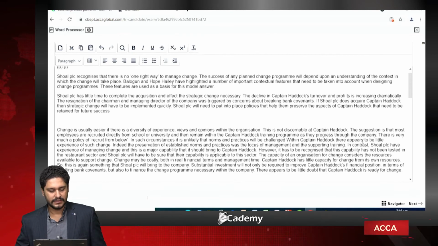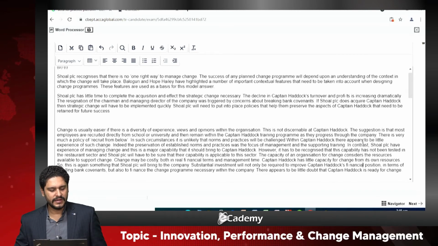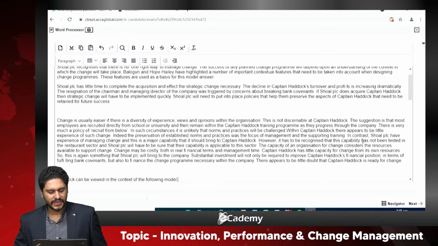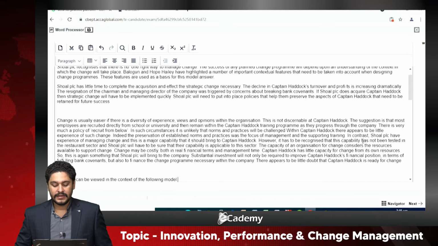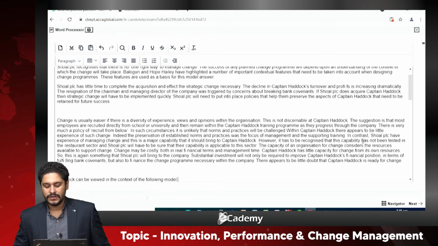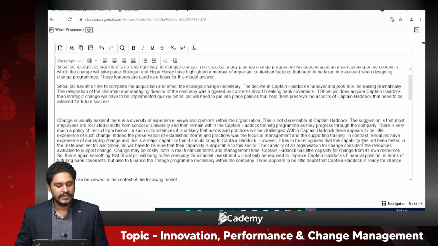Shoal PLC has little time to complete the acquisition and affect the strategic change necessary. The decline in Captain Haddock's turnover and profits is increasing dramatically. The resignation of the chairman and managing director of the company was triggered by the concern about breaking bank covenants.